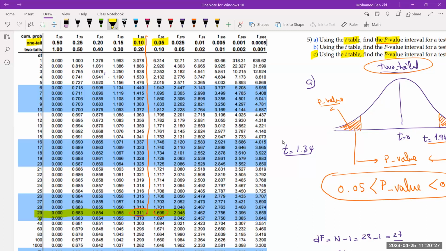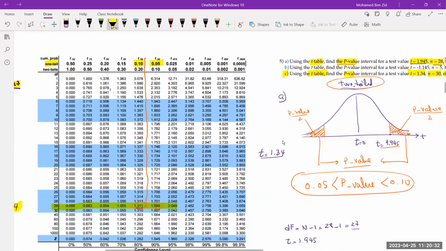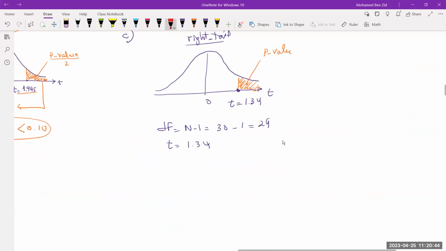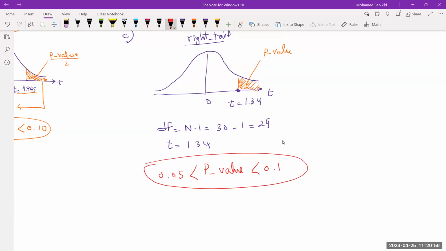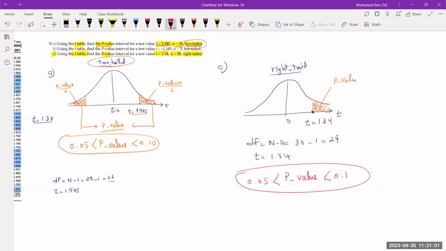So your p-value is between 0.1 and 0.05. And that's basically how you find the p-value for one tail and two tails, right?